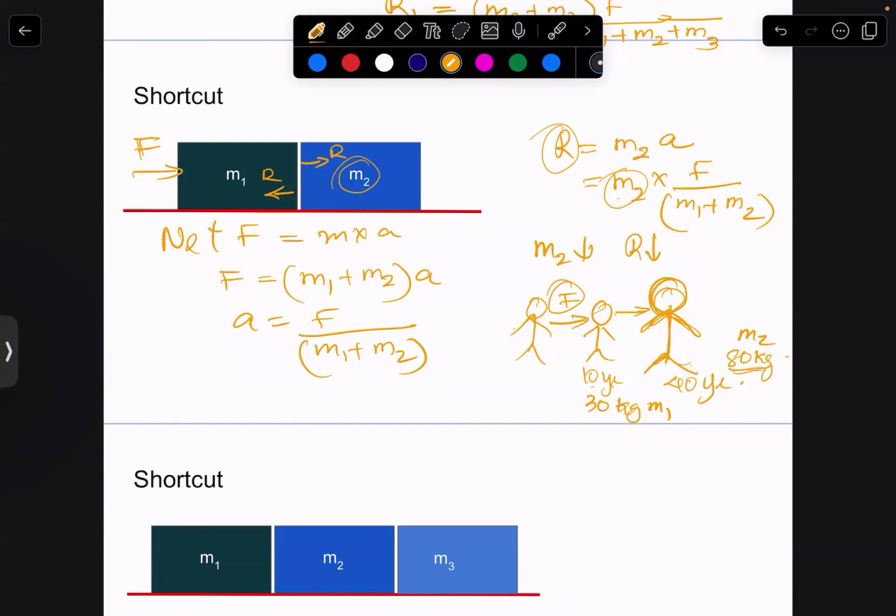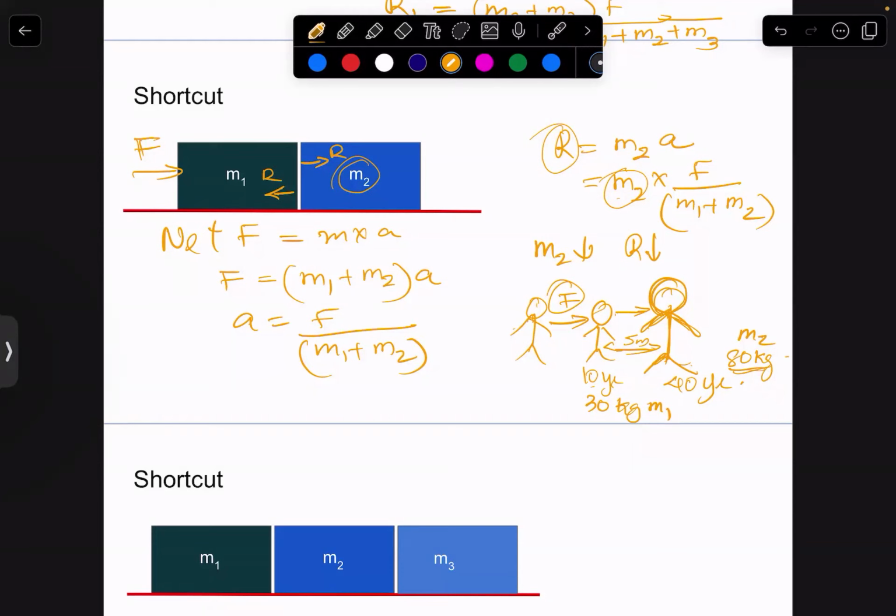So 80 kg mass is huge compared to this child, 80 kg is greater than 30 kg. If this child is 5 meters apart from this 40-year-old fellow, and he gets in contact with him, that means he's moving 5 meters, right?